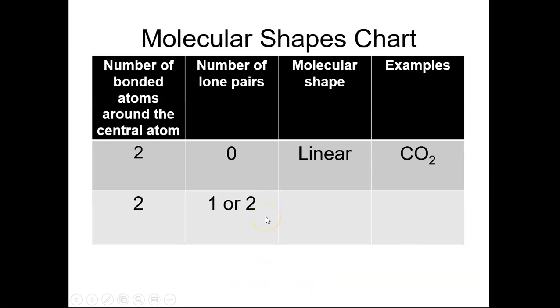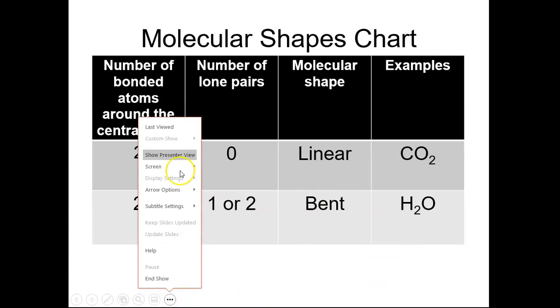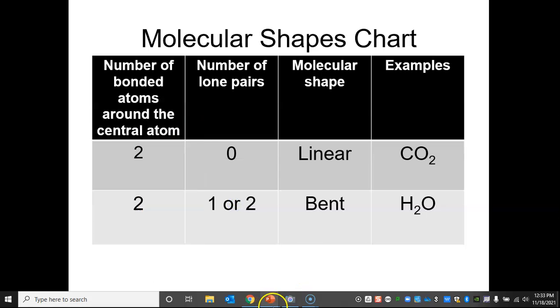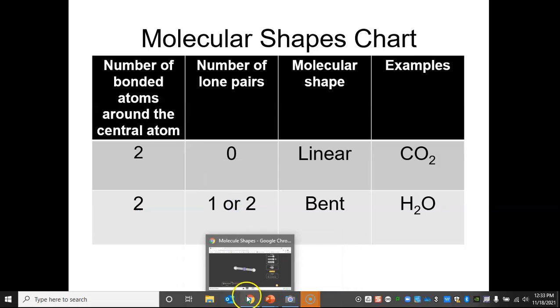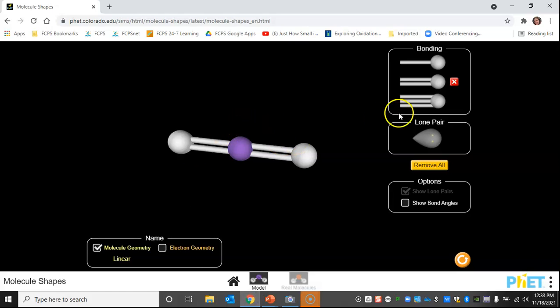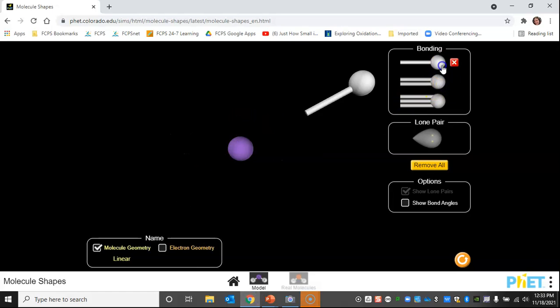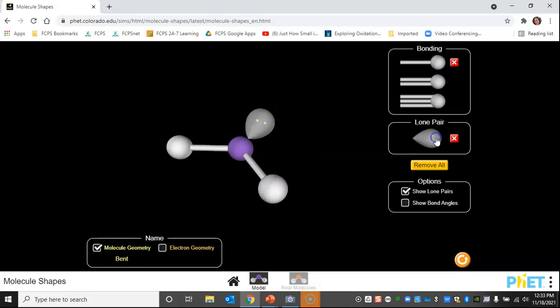Now, let's say that I have two bonded atoms, but I have one or two lone pairs. Well, then I have a different shape called bent. So let's take a look at what a bent molecule looks like. All right, so I'm going to remove these, and I'm going to use water as an example.